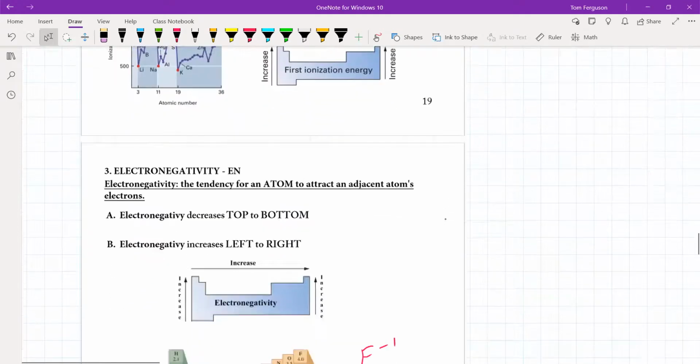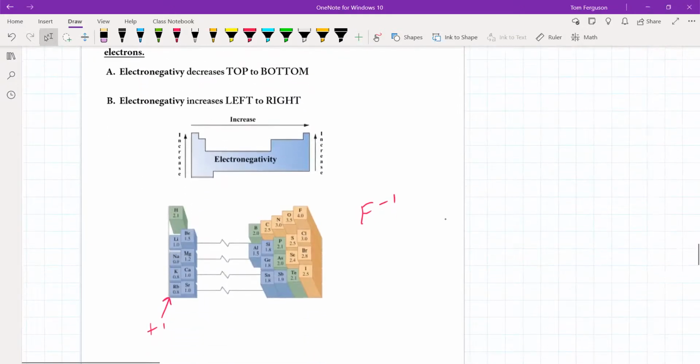Well, the elements with the most electronegativity are going to be hardest to pull electrons off of. That means fluorine does not want to lose an electron. It wants to gain an electron. So the energy to pull off that one electron from fluorine is going to be the toughest, because it wants to hold on to its electrons the most.